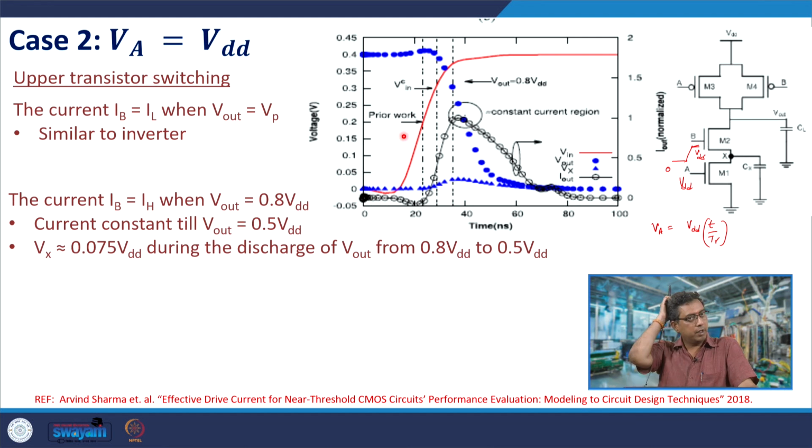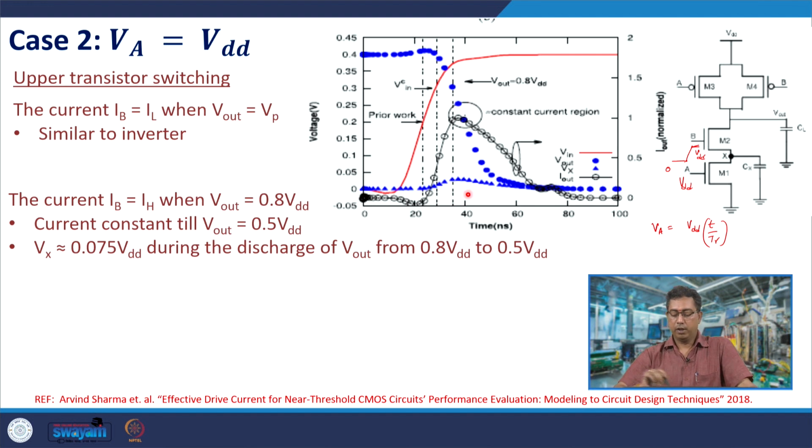Here, even for the balanced stage effort case where the input and output transition times are equal, it is not at 50% of the input value that the output discharge begins, but at a value called V in C, which we have derived and which is nearly 75% of the input voltage final value, 75% of VDD. So, that is where the output begins to discharge nearly.